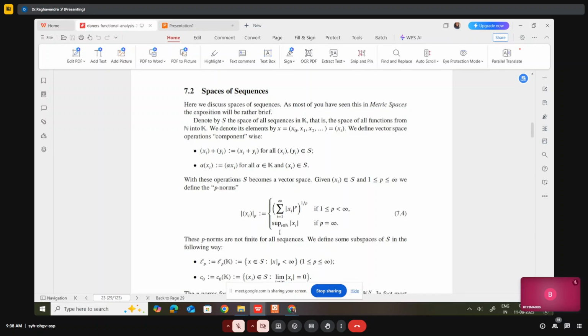That's the maximum of all the components. These are the two norms that we define for p between 1 and infinity. For 1 less than or equal to p less than infinity, we use the summation. For p equal to infinity, we define it as the supremum norm. Since we have written supremum here, it is also called the supremum norm.